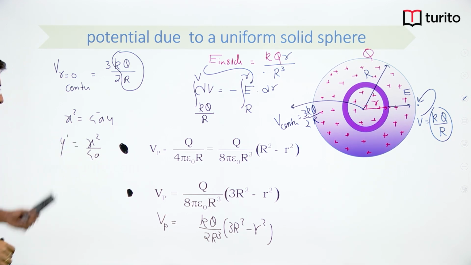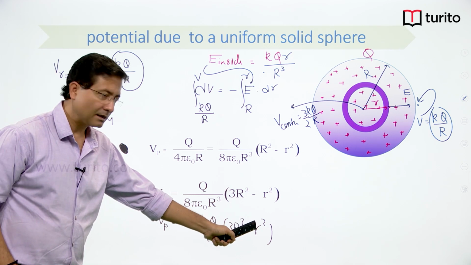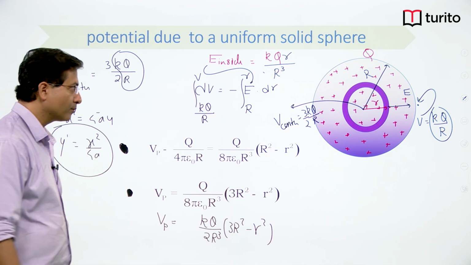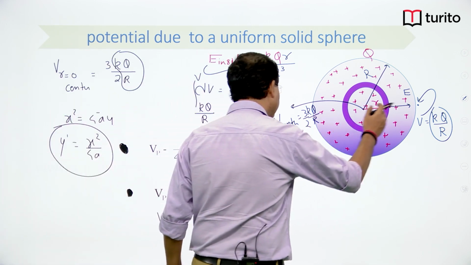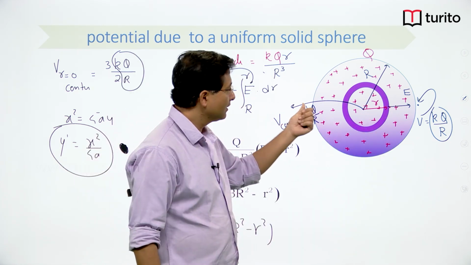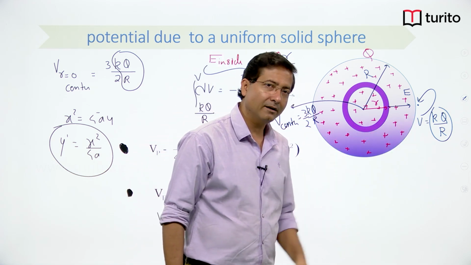This y to the power 1, V to the power 1, x square, that is r square, is a parabolic function. So inside, potential varies parabolically, and you can see that potential decreases from 3kq divided by 2R, it has become kq divided by R.